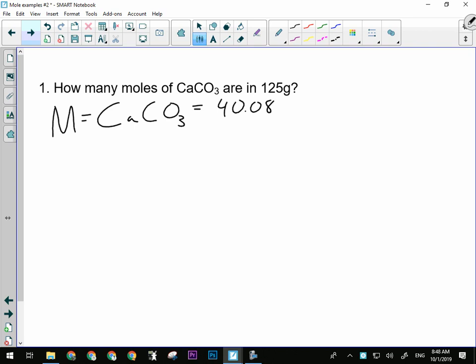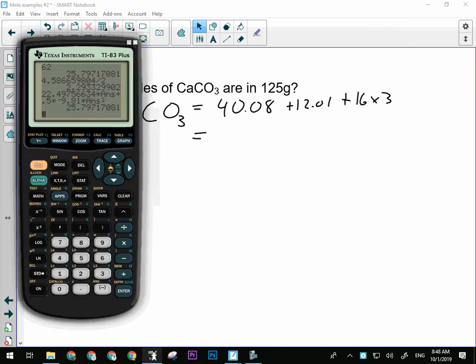So I'm going to have 40.08, because that's the molar mass of calcium. Only 1 calcium here. How many carbons are there? 1. So plus 12.01, plus there are 3 oxygens. That'll get me the molar mass.